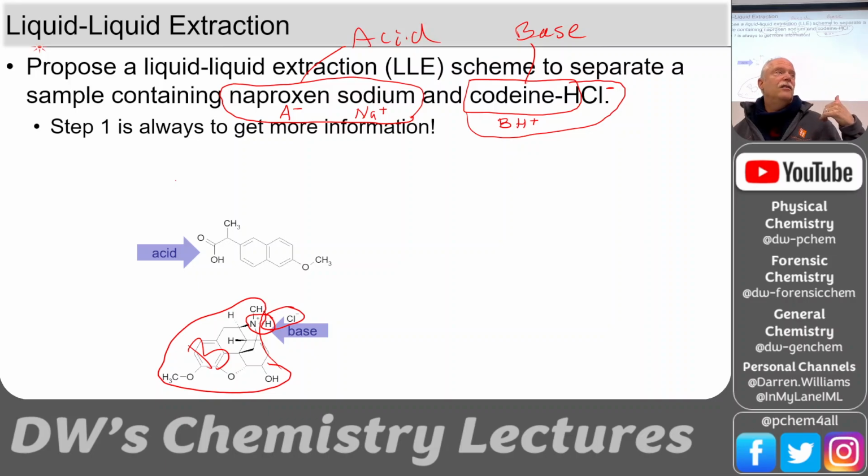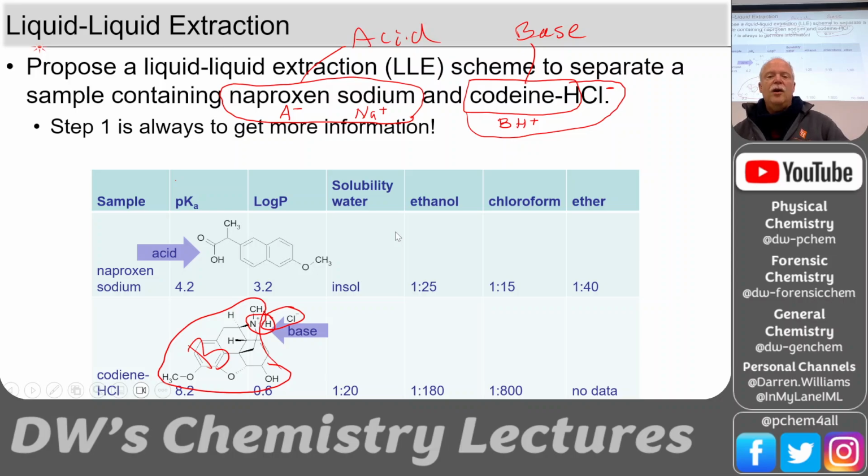How do you get it out? You could bubble HCl gas in there, and it's going to make this salty substance that is not soluble in organic solvent. And so you'll start to see crystals grow. So you bubble HCl in that organic phase and you're salting out the base. That's a good way to get it to come out of the organic solution.